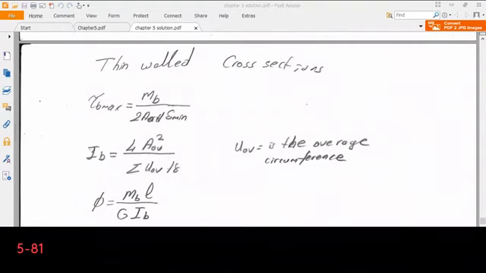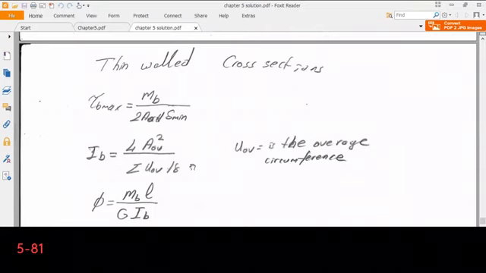Okay, now we will continue with the thin-walled cross sections. So how to calculate the maximum shear stress in case of a torsion in a thin-walled structure.